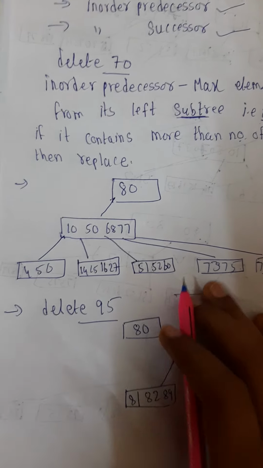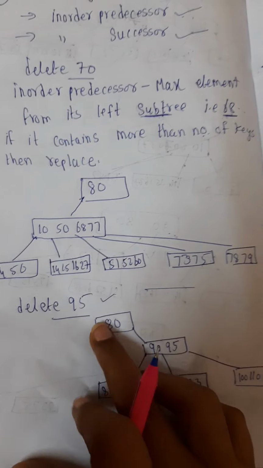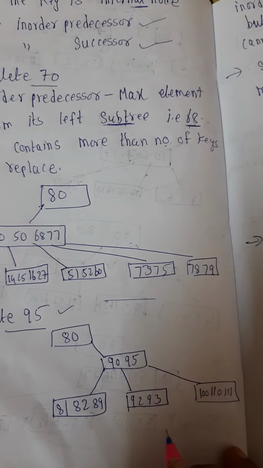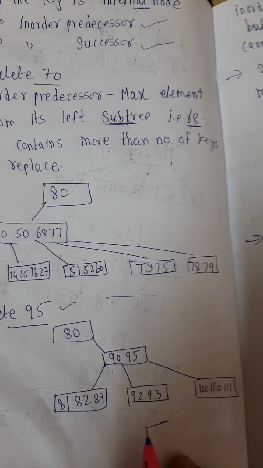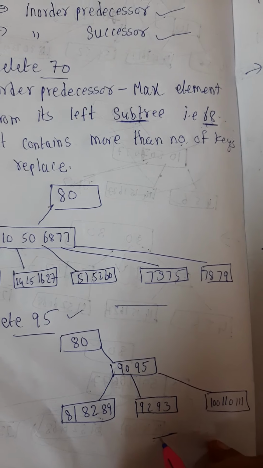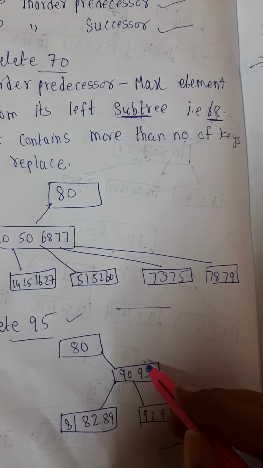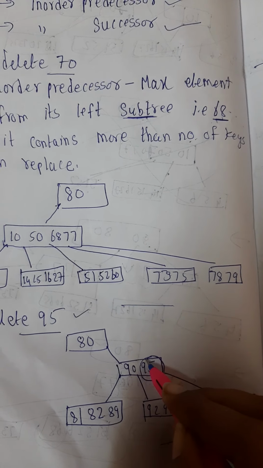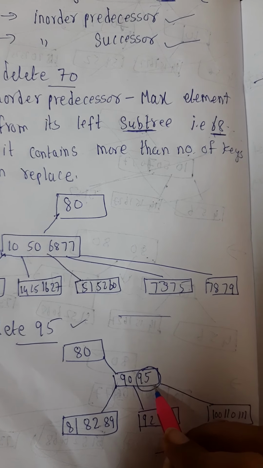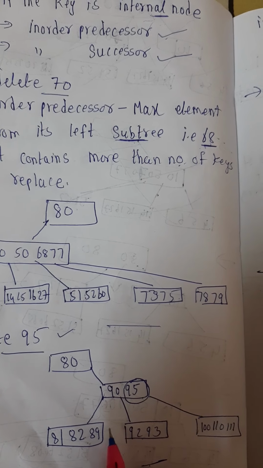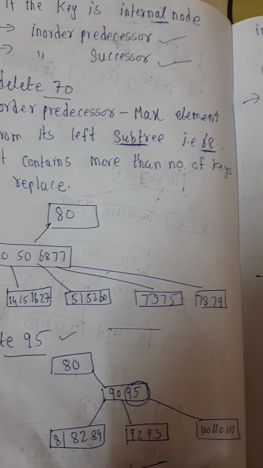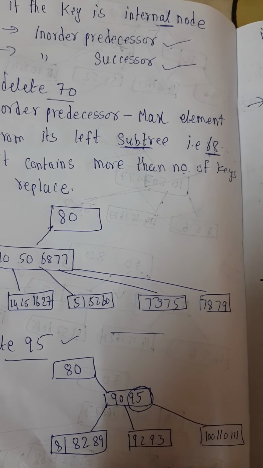This is one case. Now I want to delete 95. So this part of the tree I have considered. If I want to delete 95, now 95 is an internal node. So if 95 is an internal node, you have to check for the in-order predecessor. So what is the in-order predecessor?